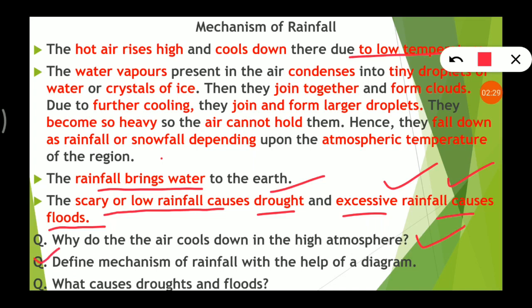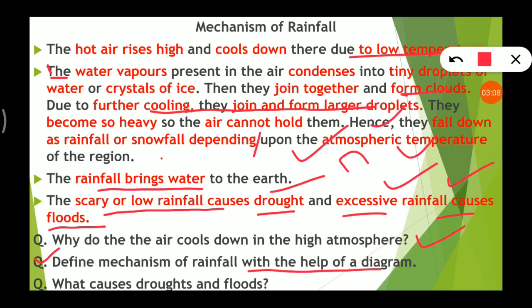Next question: define mechanism of rainfall with the help of diagram. So the diagram I have given in the previous slide, and you can define from here to here. The water vapor present in the air condenses into tiny droplets of water or crystals of ice, and then after they join together to form clouds, and due to further cooling they join to form larger droplets, and then after they become heavy and air cannot hold them, so they fall down in the form of rainfall or snowfall.